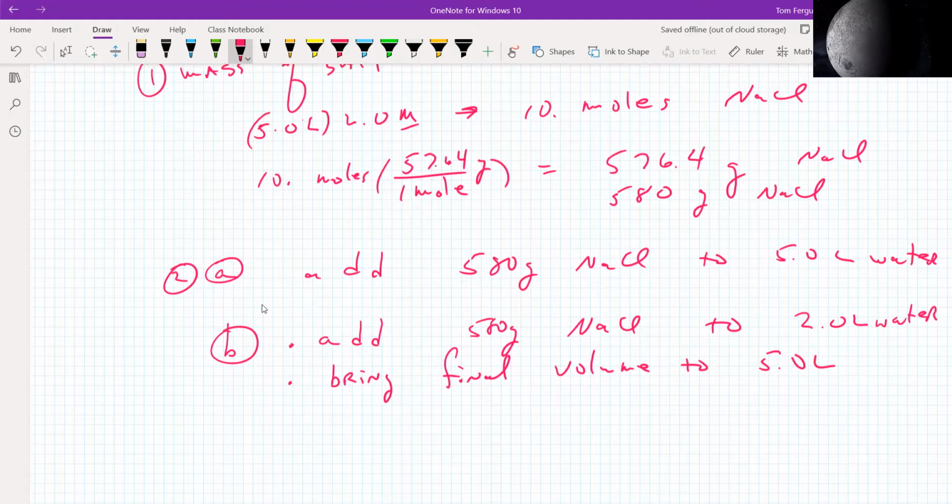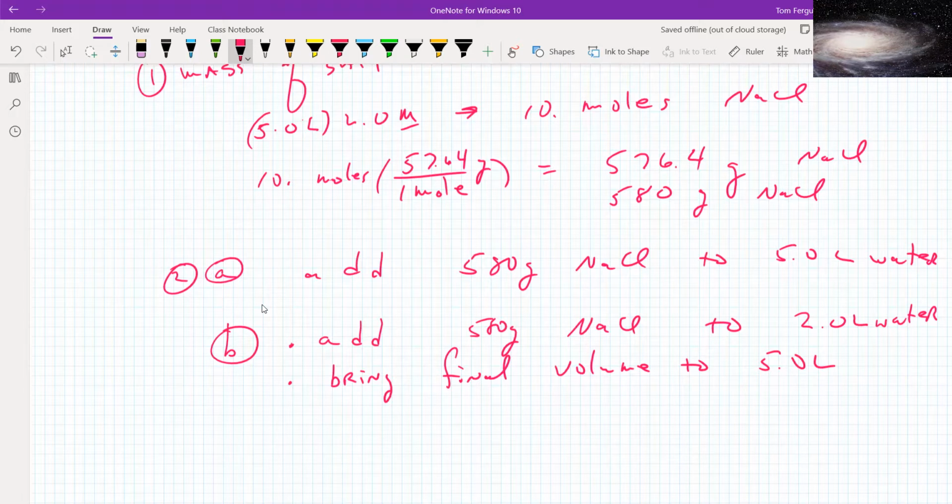If we add 5 liters of water, we end up with a solution of maybe 6 liters, not 5. The problem is we want 5 liters total. So what we do is mix with something less than 5, 2 or 3 liters, doesn't matter.